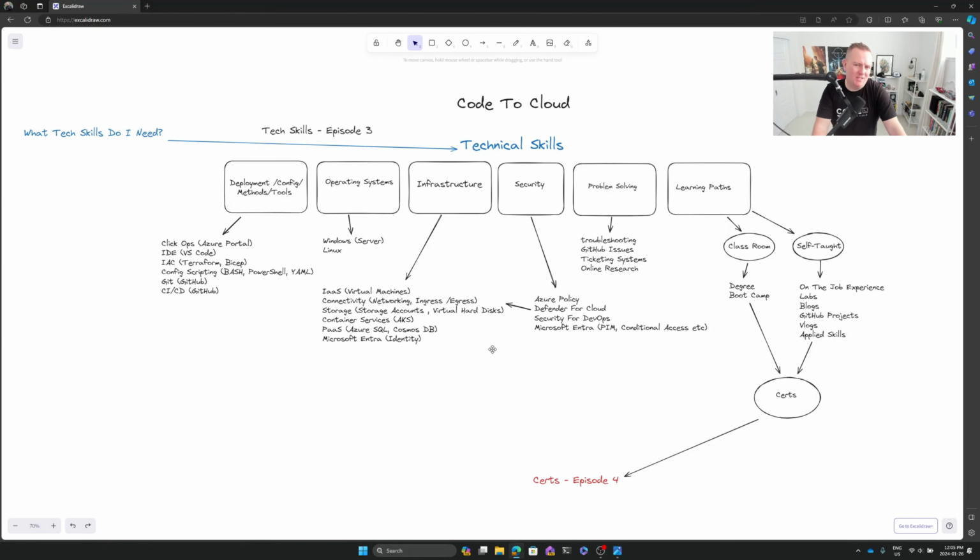And then this one is something that you'll learn to love, right? And I'm not putting any shade, right, on identity, but it's really important. You've got Microsoft Entra, which used to be called Azure AD. Identity underpins everything in Azure.